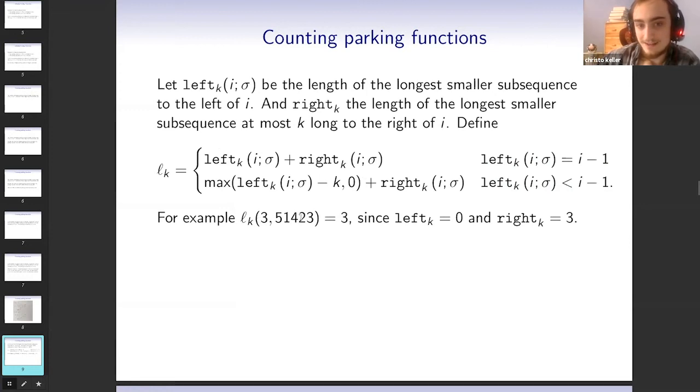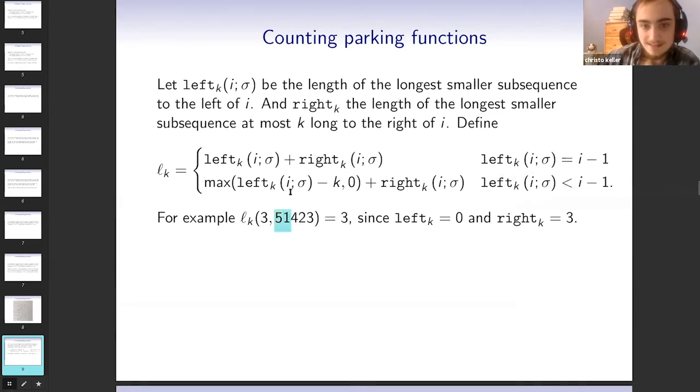So for instance, the length of the third spot was 4 in our example. In this sequence, 5, 1, 4, 2, 3, it is 3, because there's no spots to the left that work. If you want to be careful here, you know that the sequence left k is not all of them. So we're in the second case.